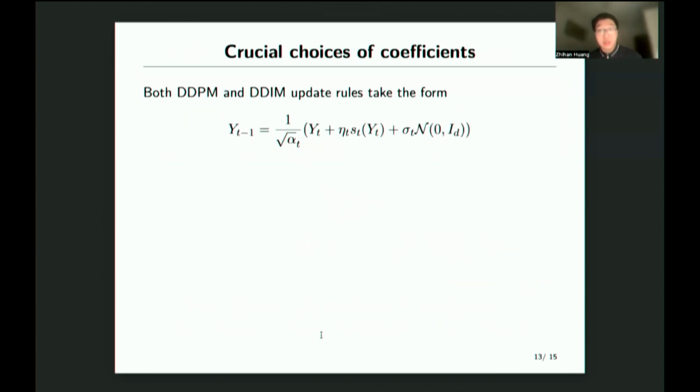Also, since our algorithm needs specific coefficients, we prove that this choice of coefficients is crucial for adaptivity. So we focus on this type of sampler, in which each update is a linear combination of the sample, the score function, and pure independent Gaussian noise.